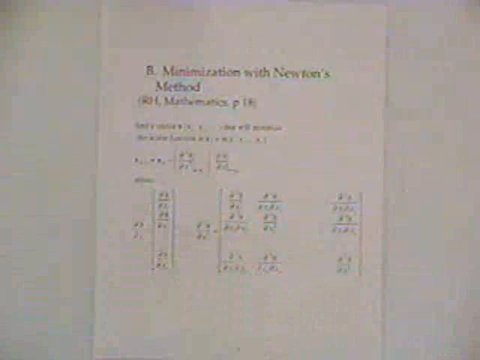Okay, let's move on to another kind of Newton's method. This is on the top of page 7 in your handout. This is a technique designed to minimize a scalar function of several variables. All right?